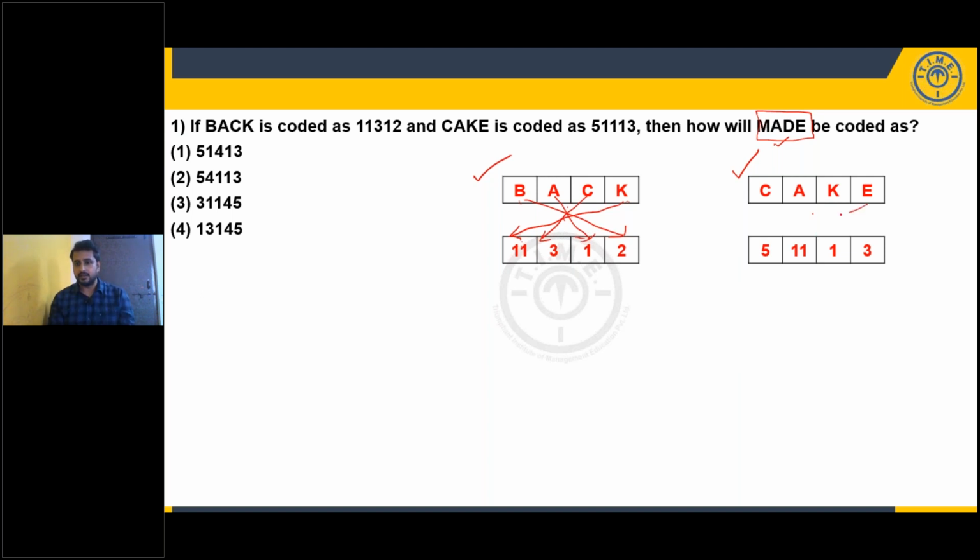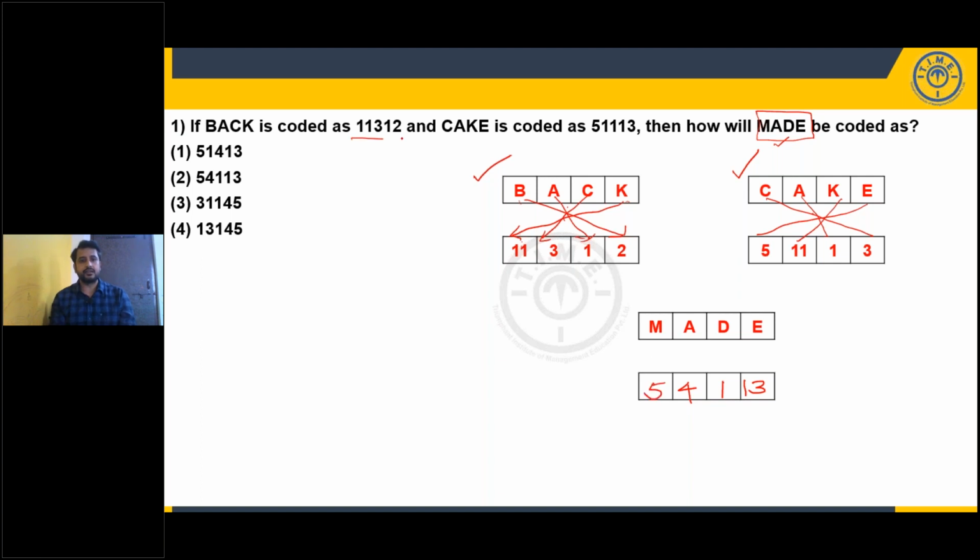Similarly, first to last, E code is 5, K is 11, A is 1, C is 3. Now, the given word is made. It is not first to first, it is first to last. M place value is 13. A place value is 1. D place value is 4. E place value is 5.